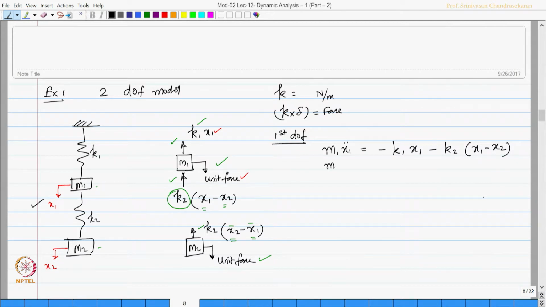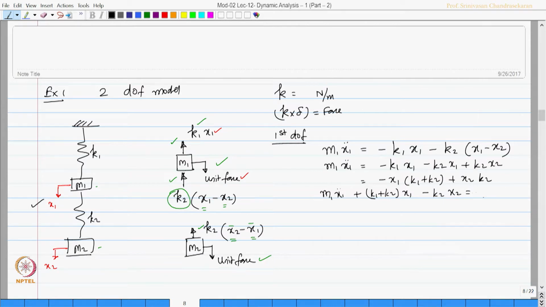So, let us say m1 x1 double dot is minus k1 x1 minus k2 x1 plus k2 x2, which is minus x1 of (k1 plus k2) plus x2 of k2. Rearranging, m1 x1 double dot plus (k1 plus k2) of x1 minus k2 of x2 is 0.